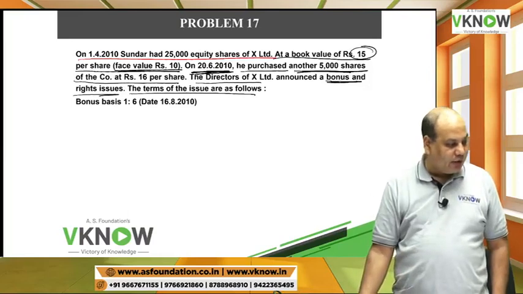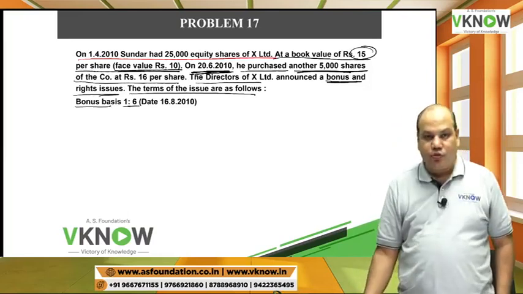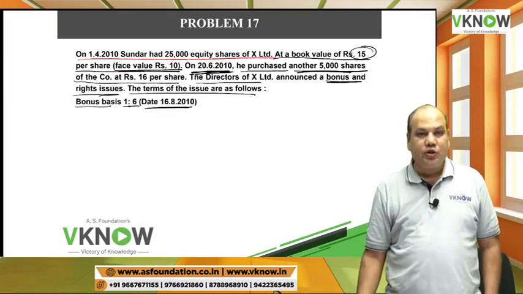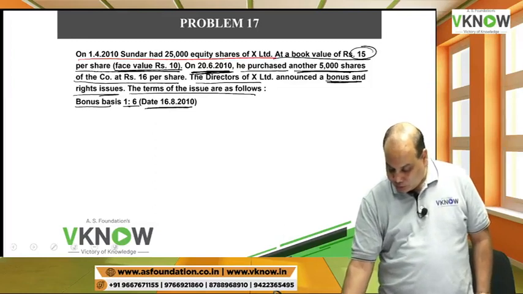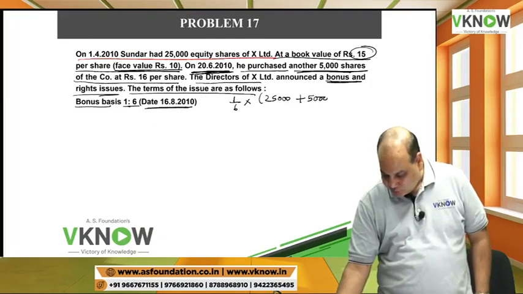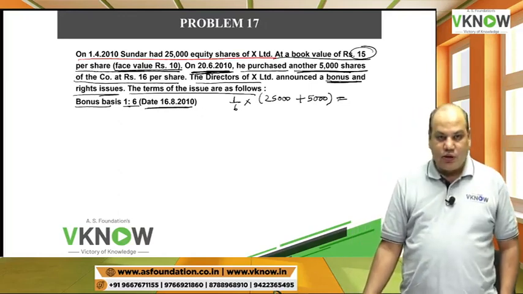The terms are as follows. Bonus shares will be issued in the ratio of 1:6 and will be issued on 16th August. Number of bonus shares will be 1/6 into 25,000 shares opening balance and 5,000 shares purchased this year.